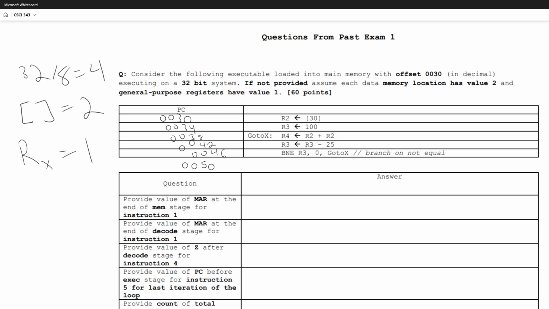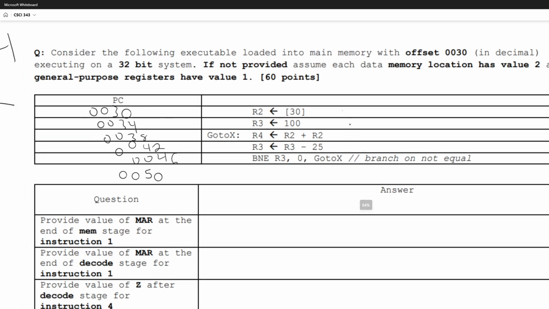So this is an L-type instruction. Oh my god, L-type.